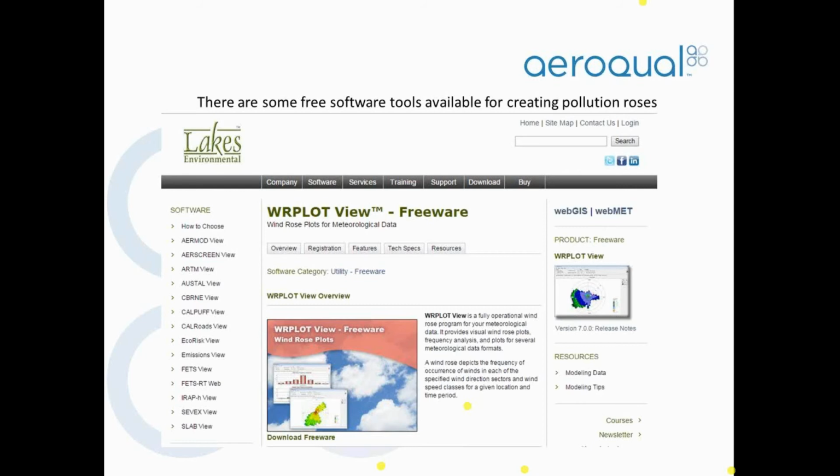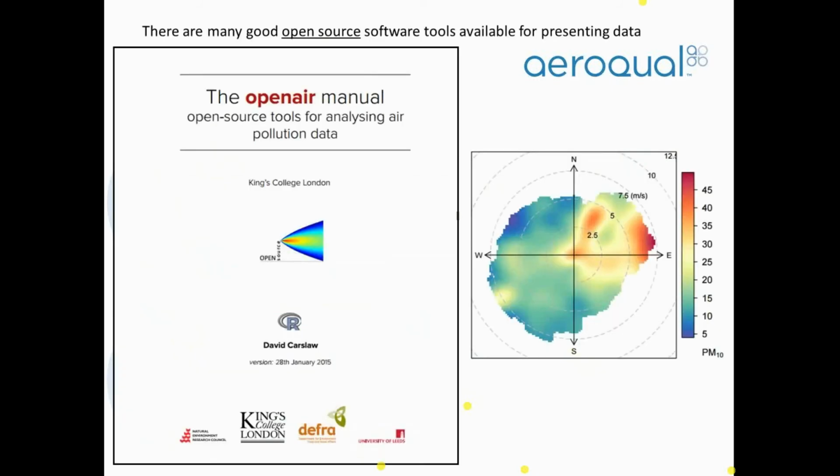This is freeware. There's also an open source package called the Openair project, based all on open source code. And if you want my opinion, I think it's a much better package and really produces very high quality and easy to edit images and diagrams to present pollution data.